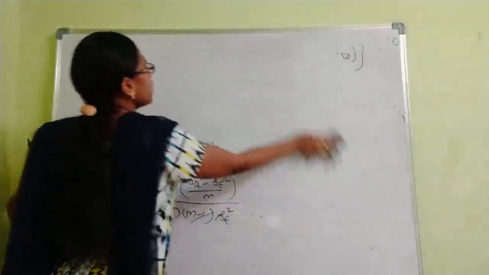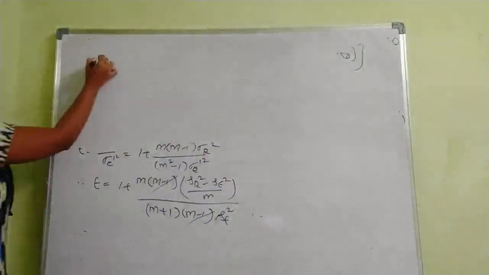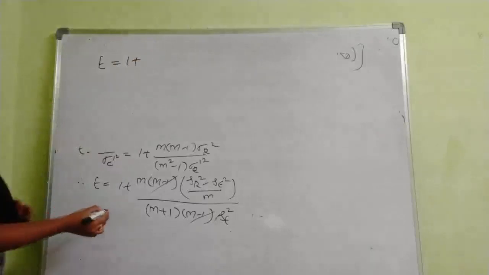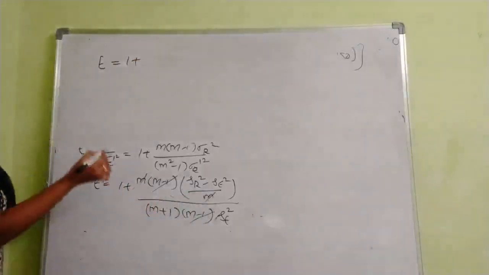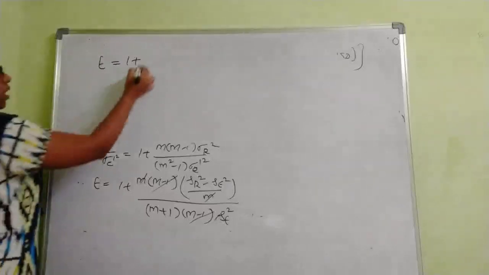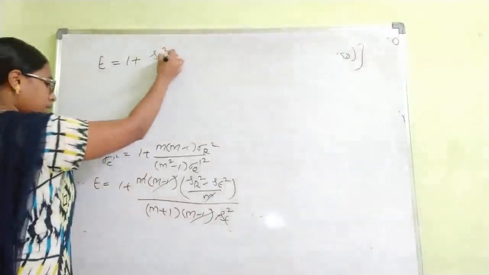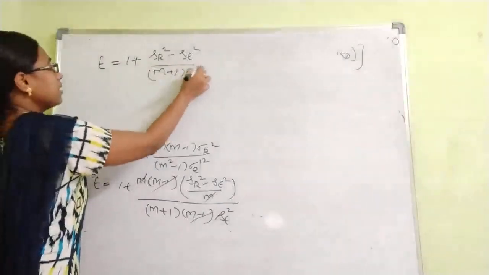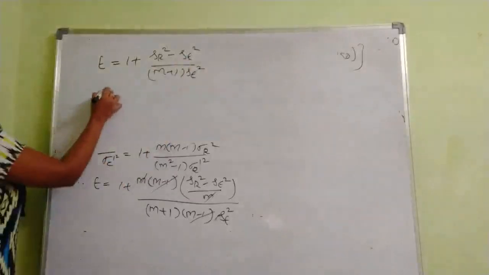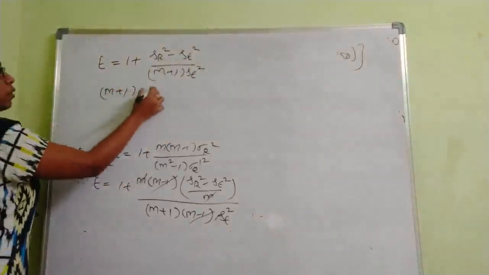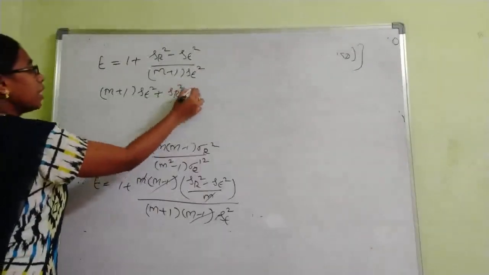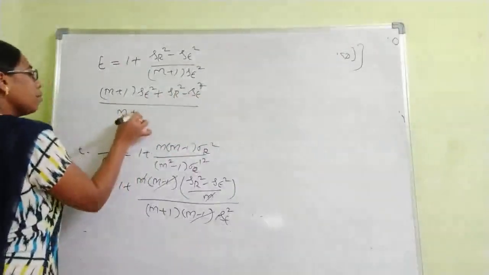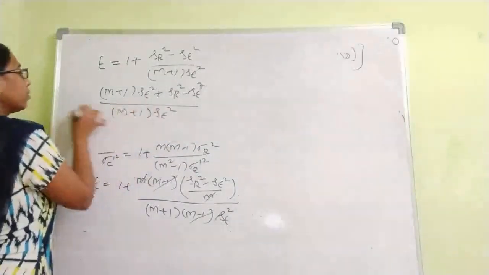All the efficiencies will have the same procedure. You just have to understand the concept. So 1 plus, here m also gets cancelled, so you will have 1 plus SR square minus SE square divided by m plus 1 into SE square. Take the LCM: m plus 1 into SE square plus SR square minus SE square, divided by m plus 1 into SE square.